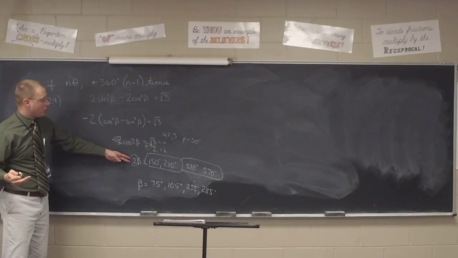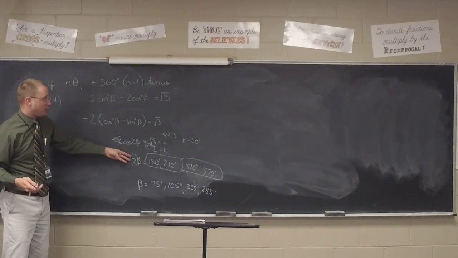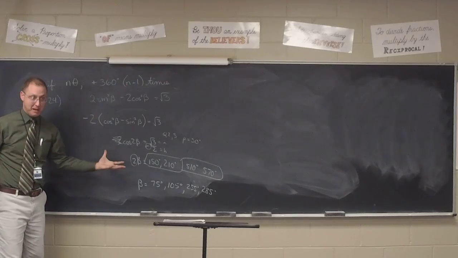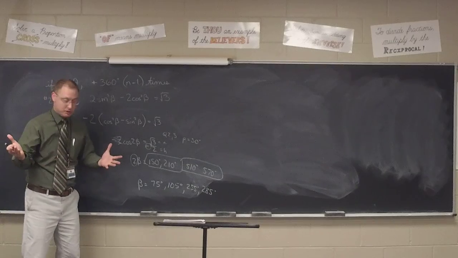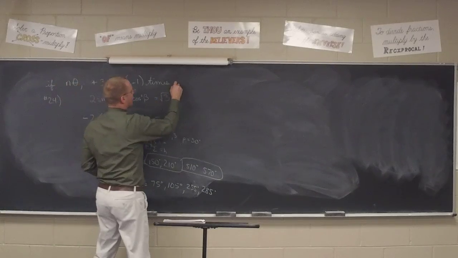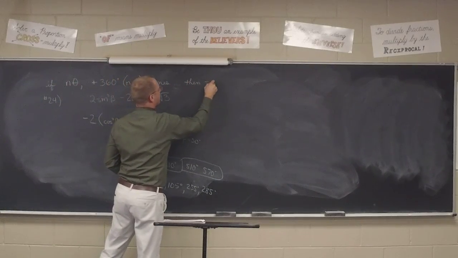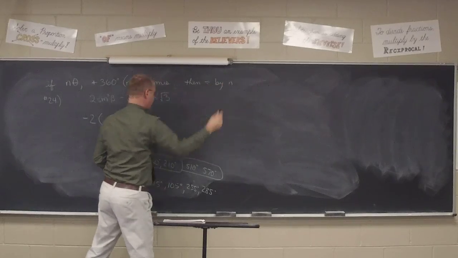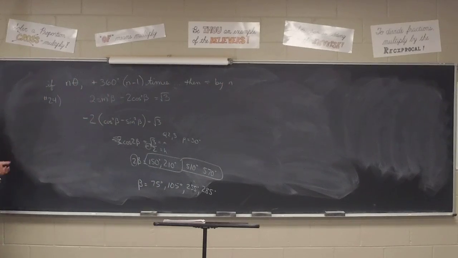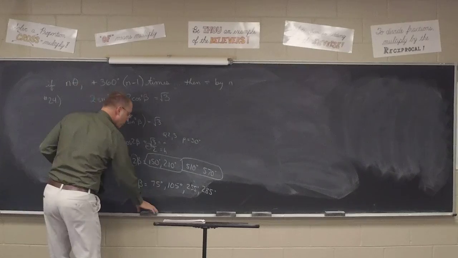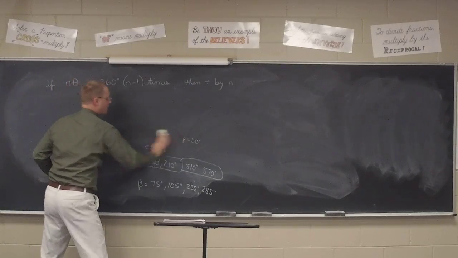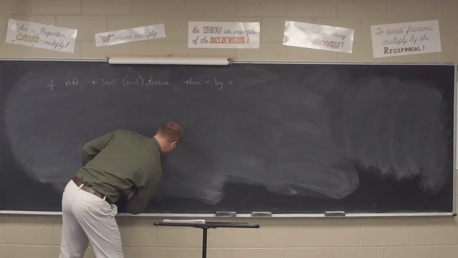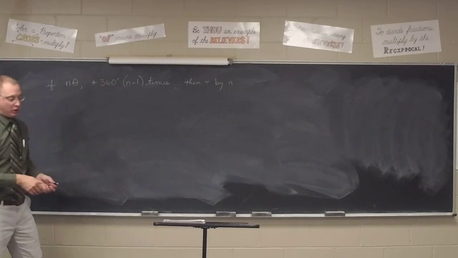If there's a 2, you have to do it 1 more time. If there's a 3, you have to do it 2 more times. If it was a 5 beta, you're going to go around 4 times, just adding 360. Calculator comes in handy. And then divide by n, in this case, dividing by a 2. So we're going to begin working with multi-angle values, where the only real trick is go ahead and go around again, or go around a couple times.